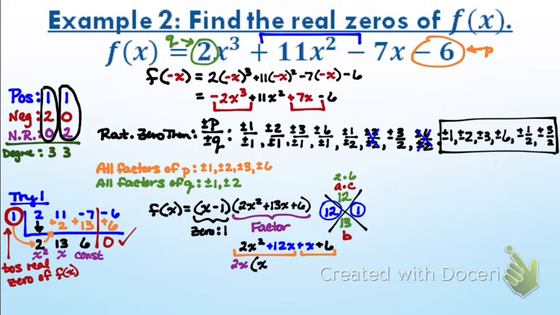And that would leave me with x plus 6. I can only take a positive 1 out of my second group, and that would leave me with x plus 6. So in factored form, I have 2x plus 1 times x plus 6. There's my function f of x fully factored.